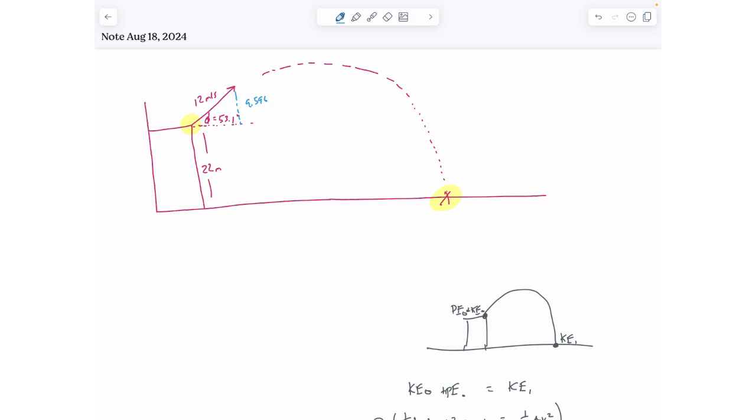That's in the vertical direction. And the horizontal direction, it's 12 times the cosine of 53.1, and you get 7.205 meters per second. So we've taken this vector and broken it into two components, 9.5 meters per second and 7.2 meters per second.